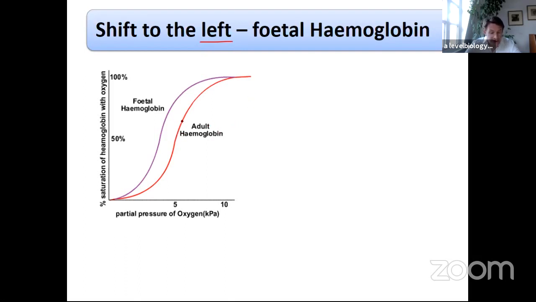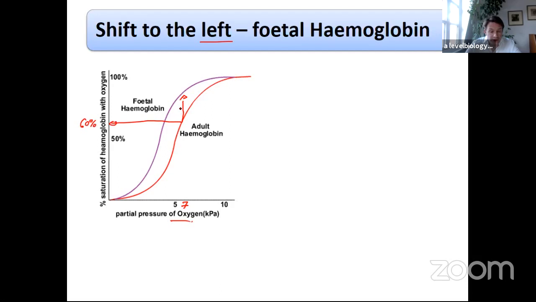way of looking at it is the shift upwards, because for the same partial pressure of oxygen, fetal hemoglobin is going to be more saturated with oxygen than adult hemoglobin, which means that if you had a partial pressure of, say, 7 kilopascals in the placenta, well, if the fetus had adult hemoglobin, then the blood that would be leaving the placenta would only be 60% saturated.